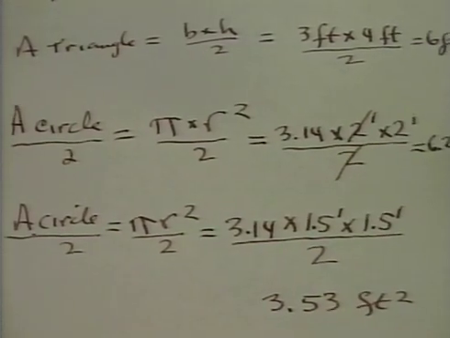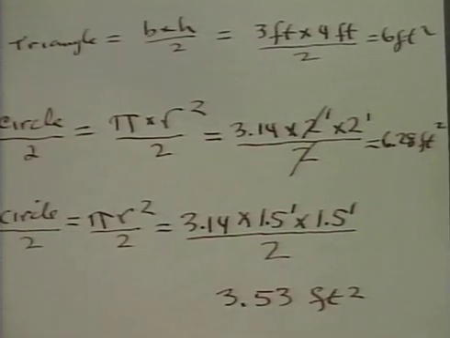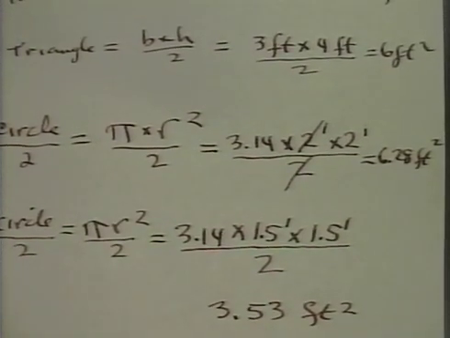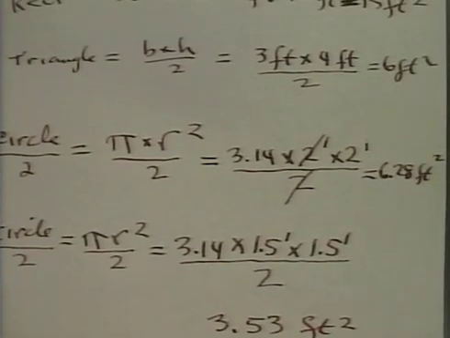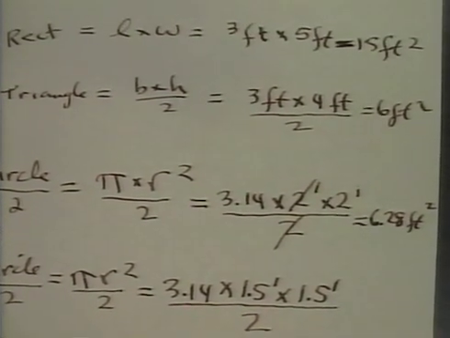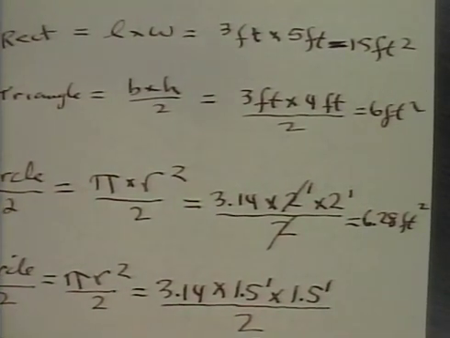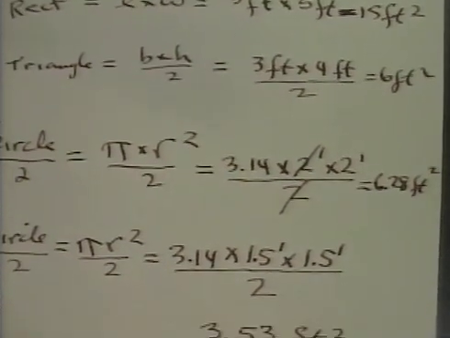So now, what do we have to do? We have to add all these together. Let's take these up here. We have 15, and 6 is 21. Then 6.28, so that's 27.28.